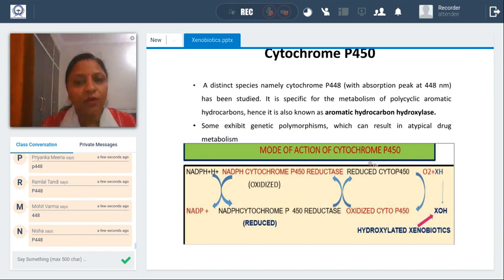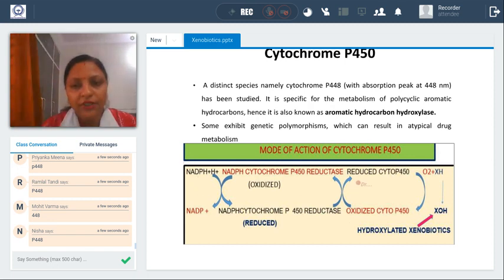Mode of action of cytochrome P450, via, as I just told you, NADPH. This is oxidized NADPH cytochrome P450 reductase. This is reduced NADPH cytochrome P450 reductase. So this converts into NADP plus.